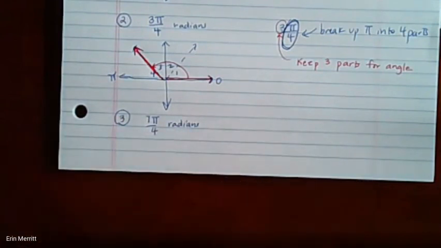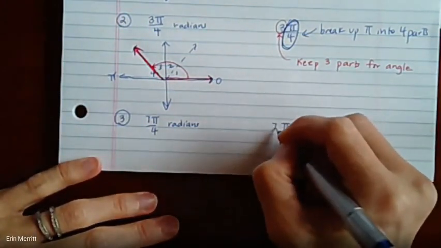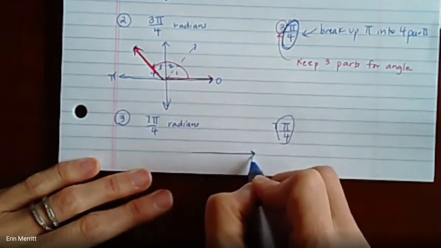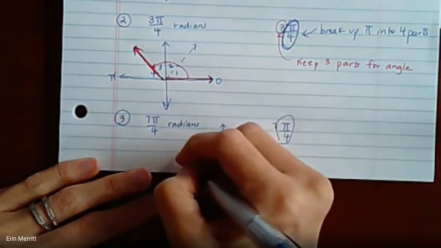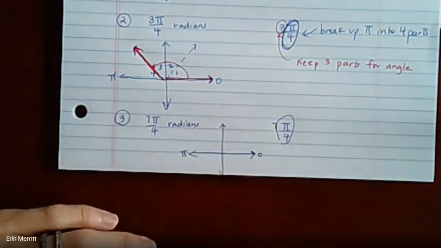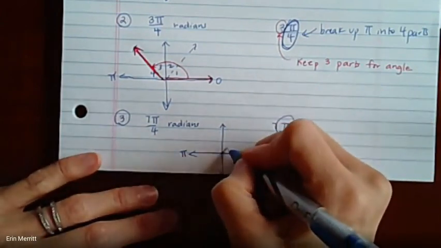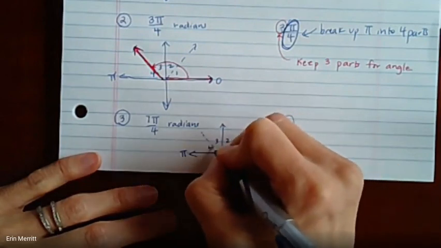So if I have 7 pi over 4, I still am starting with that same setup. So if you have some space here, give yourself a set of axes. There's 0 to pi. I want to break it up 4 ways. So 1, 2, 3, 4.